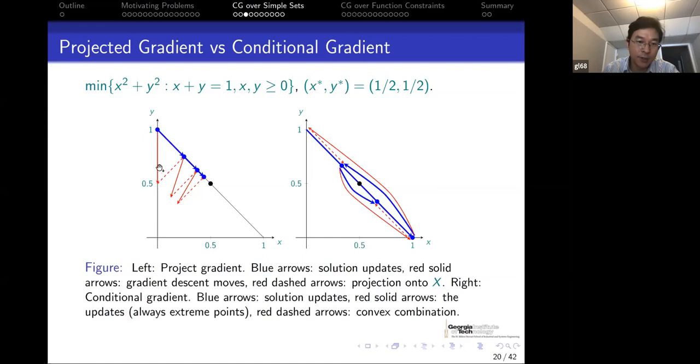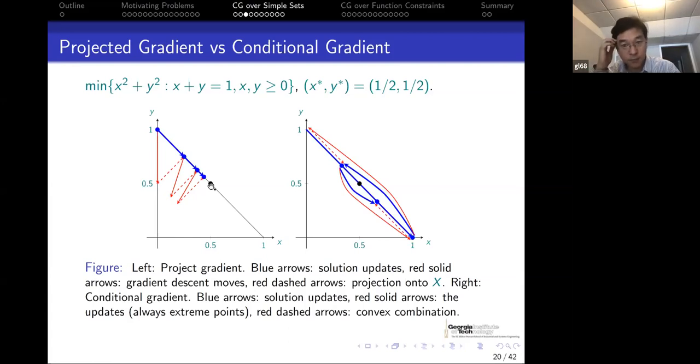You move along the gradient direction, and then it will be outside the feasible region. Then you do projection over the feasible region, so you get to a new point. At this new point, you again move along the gradient direction, and then project back to the feasible region. You do this again, and then you will finally converge to the optimal solution.